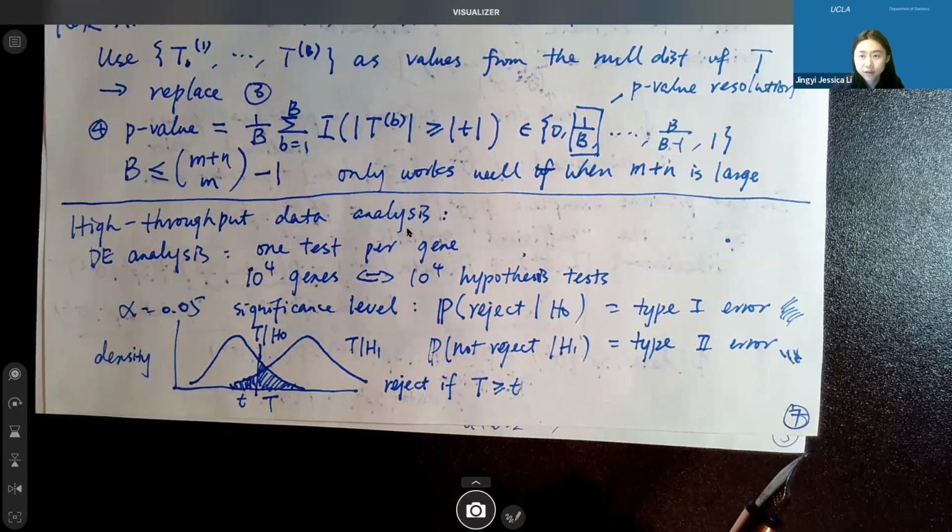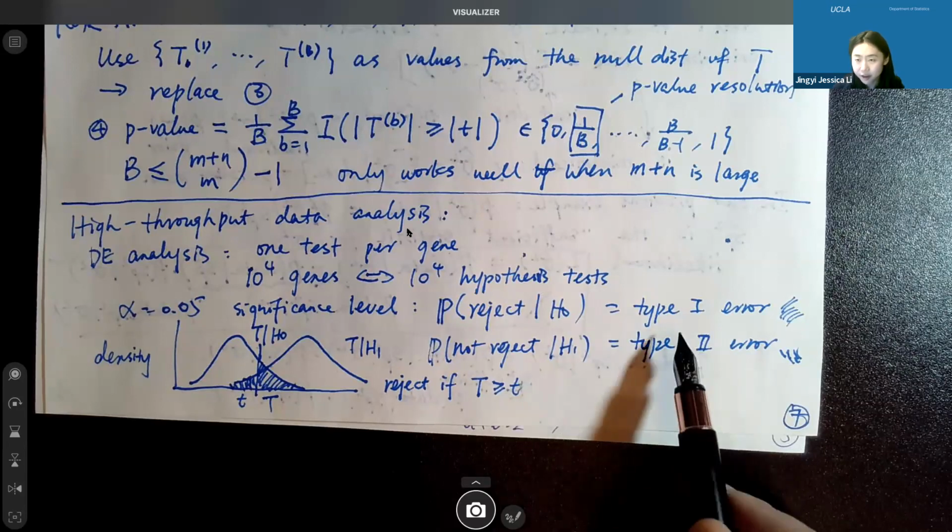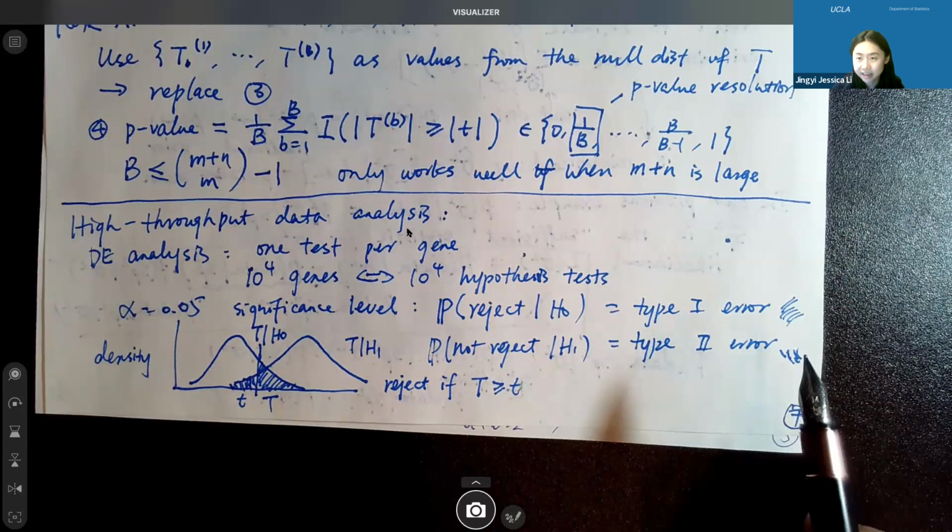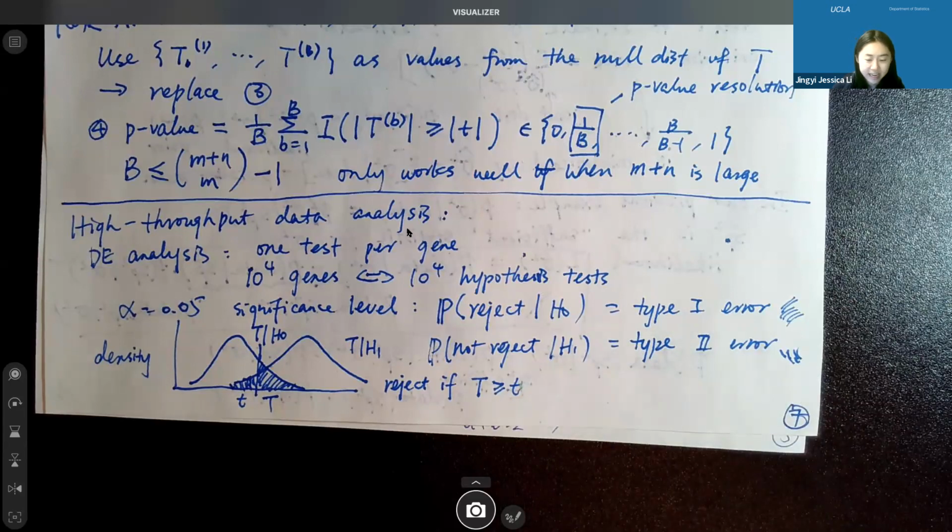Okay, so in another case, this type 1 error is the probability that one test is a false, let me say, using our language, one test is a false positive. By false positive, we mean that the gene is not DE, but we call it DE.